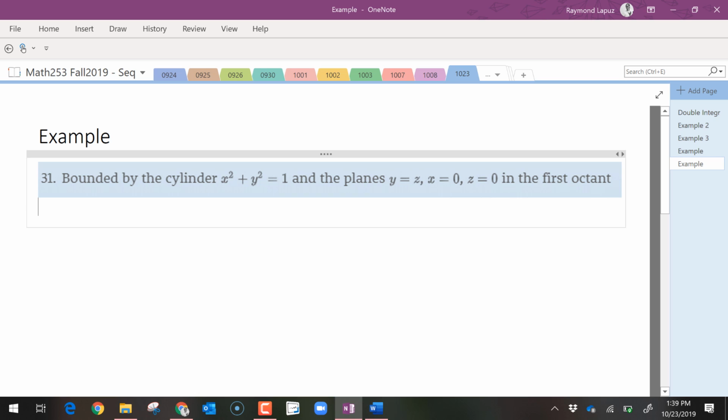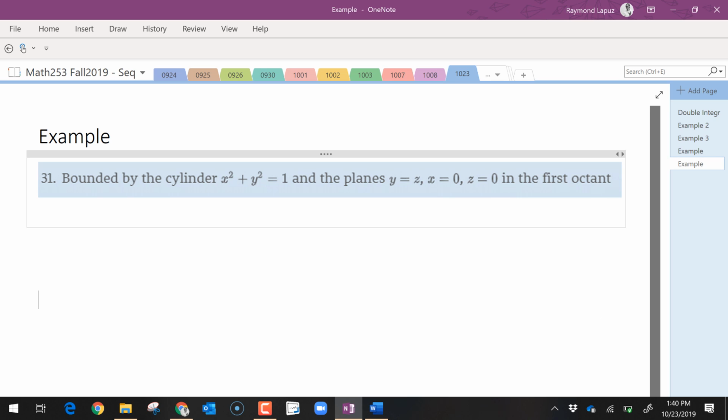Bounded by a cylinder, x squared plus y squared is equal to 1. So that's a circular cylinder going up along the z. The planes, y is equal to z, x is equal to 0, and z is equal to 0 in the first octant. So in the first octant, everything is positive. So x is 0, y is 0, and z is 0 would be boundaries for this.